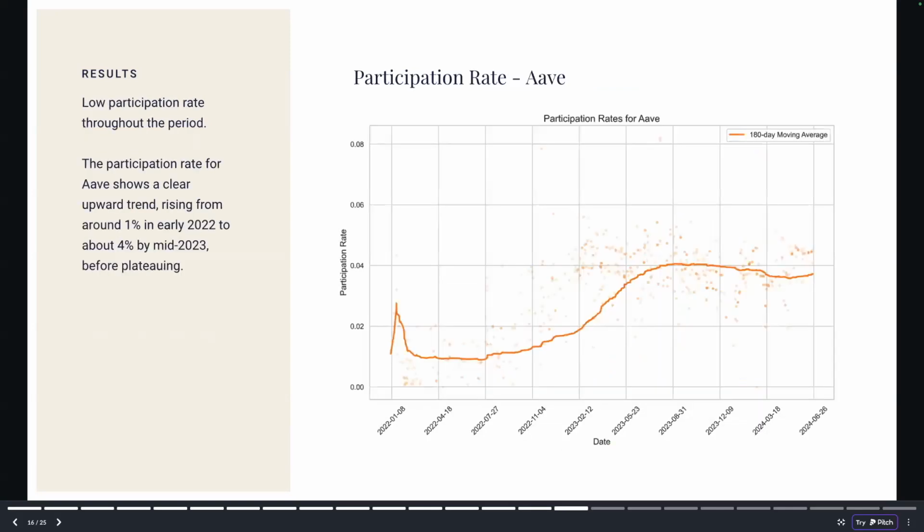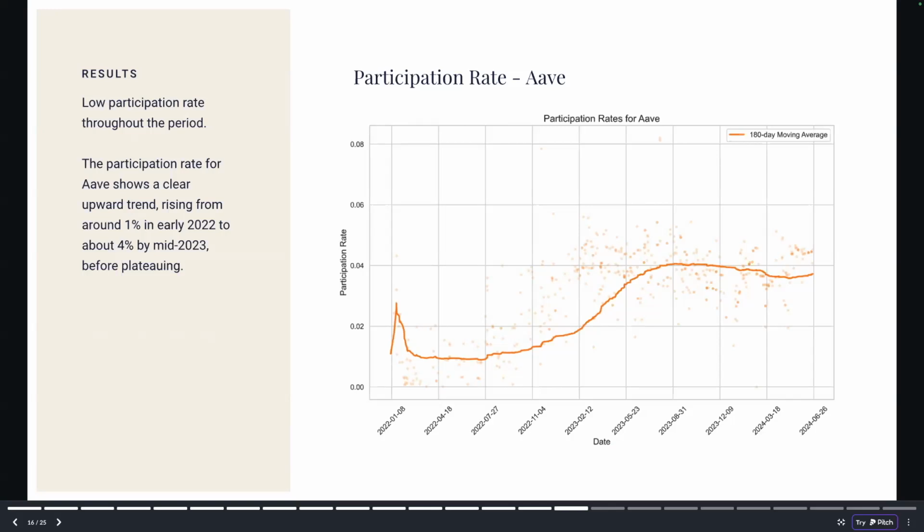And keeping that in mind, we can assess the participation rate here. In that chart, each dot represents a proposal's participation rate. Participation rate meaning the amount of tokens that were executed to vote on a proposal over the circulating supply in the end. And you also can see the moving average here.